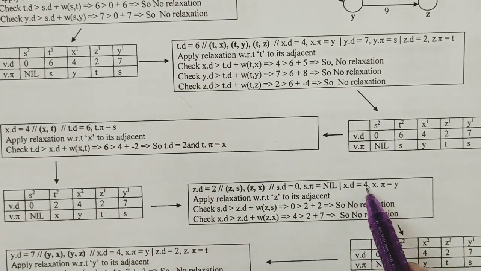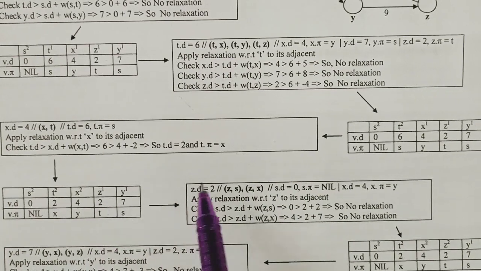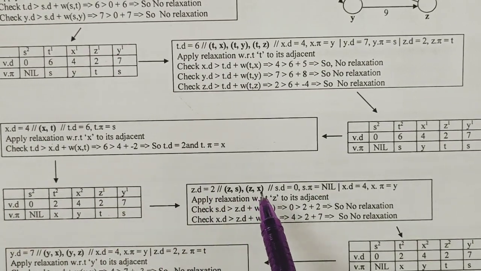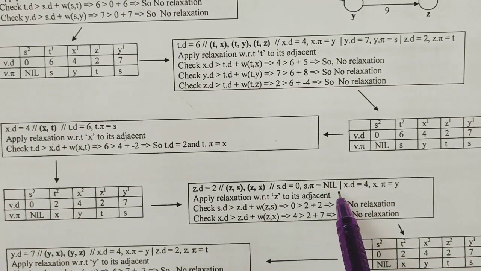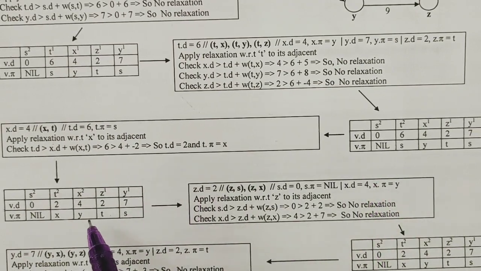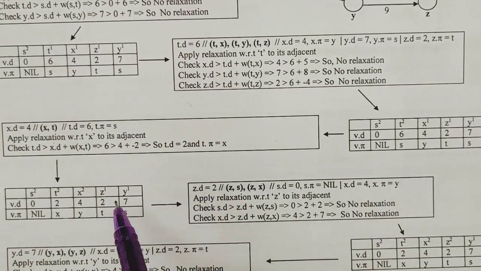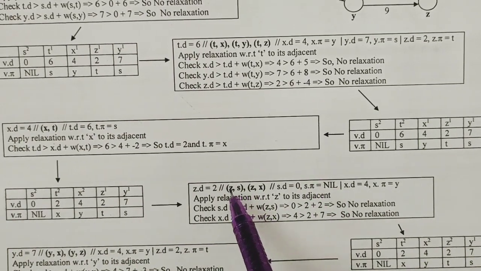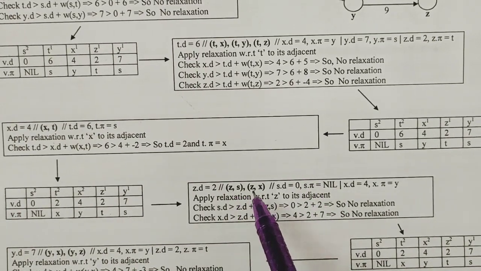I wrongly mentioned z. Z to x means you have to pick up the d parameter value of x here. So x dot d is 4, and x dot pi is y, and z dot d I mentioned is 2.